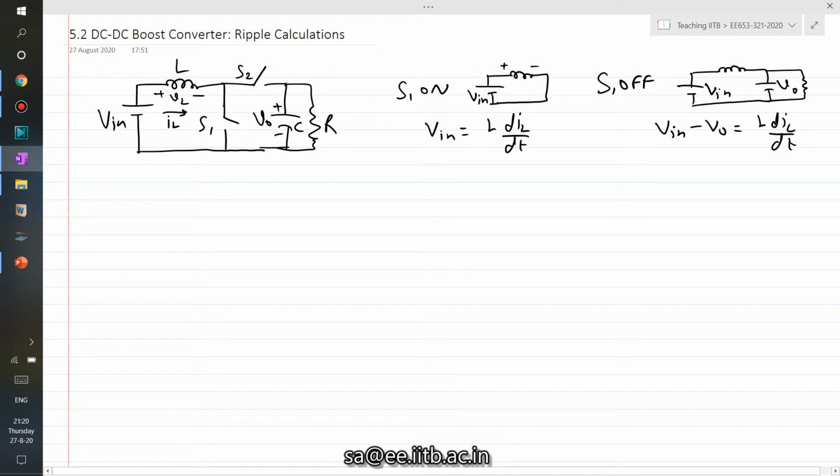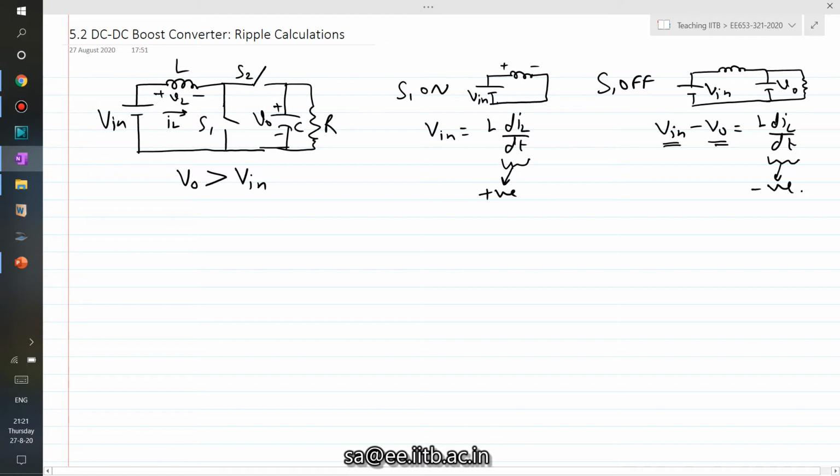Since this is a boost converter, the output voltage is greater than the input voltage. Therefore, when switch S1 is on, the slope of the current is positive, and when switch S1 is off, since VO is more than V in, the slope is negative, right?